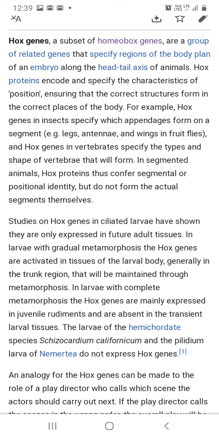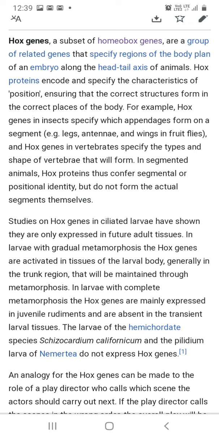The presence is consistent with the hypothesis that a single gene in an ancient organism was the evolutionary progenitor of what is now a widespread controlling system for development.